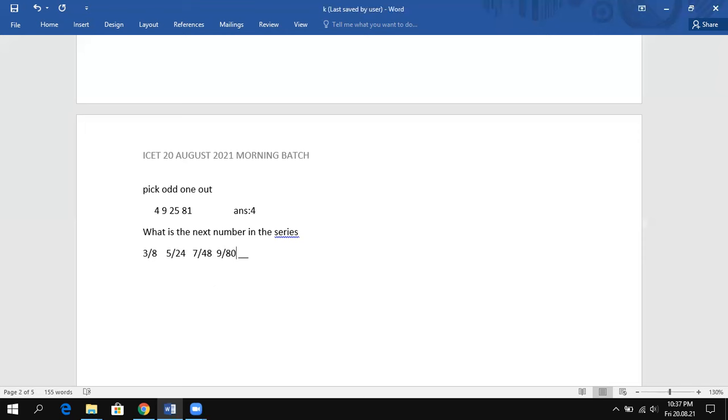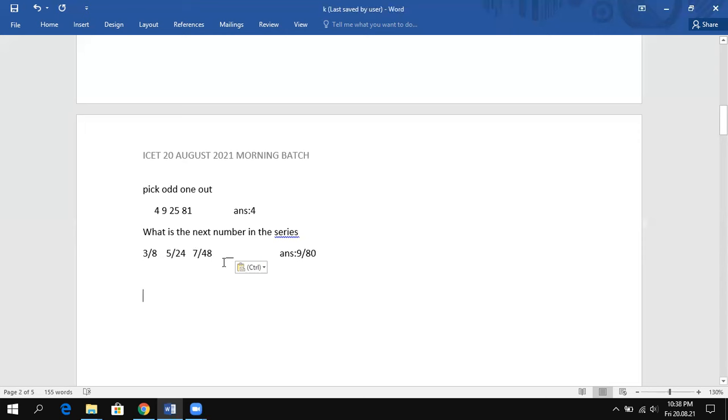This could be a possible answer if it is present in the options, or we could look at the question in some other way. If you observe, these numerators are also prime numbers, right? 3, 5, 7.